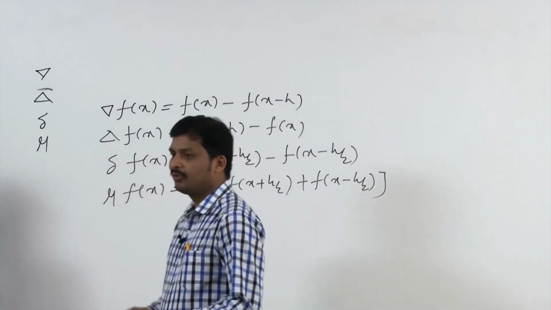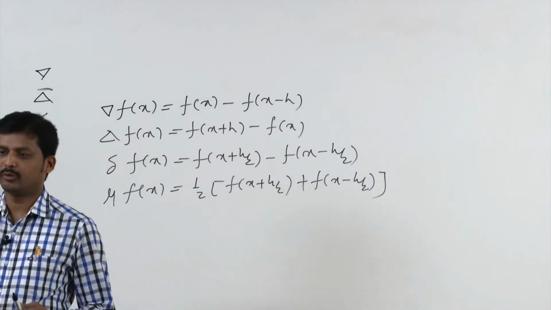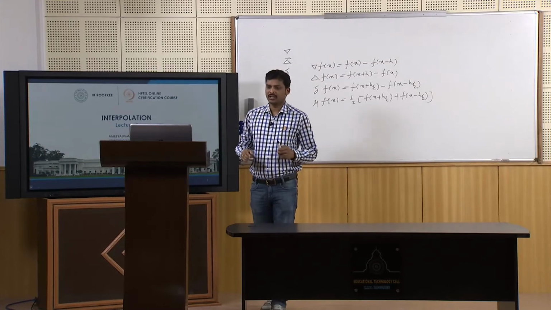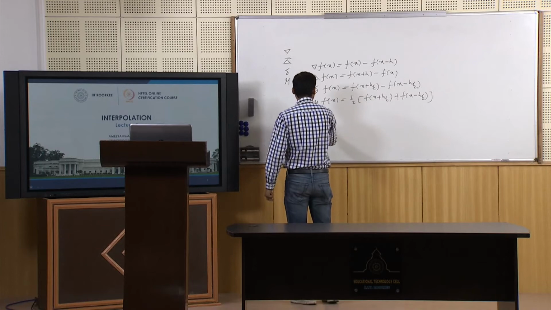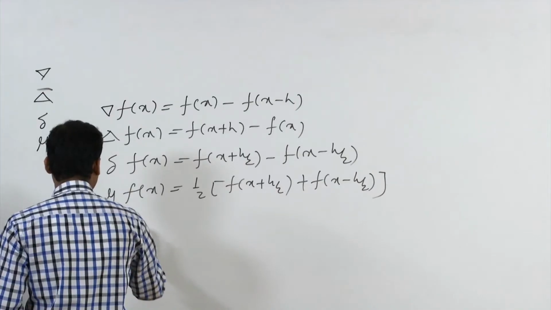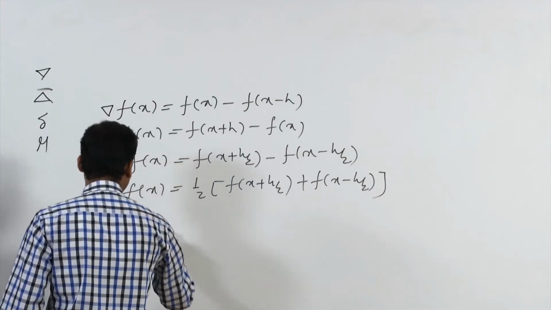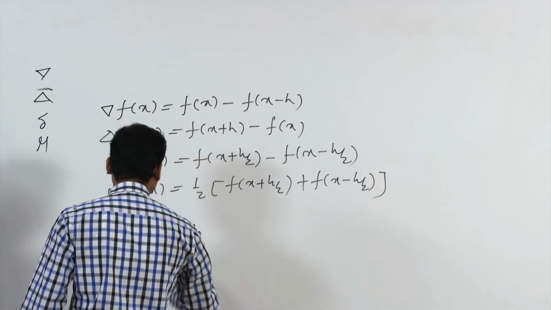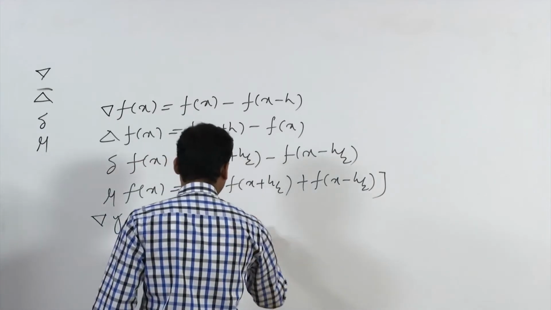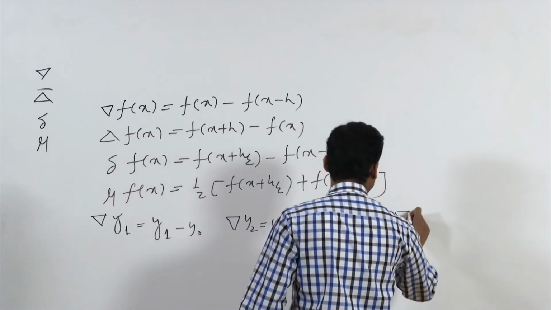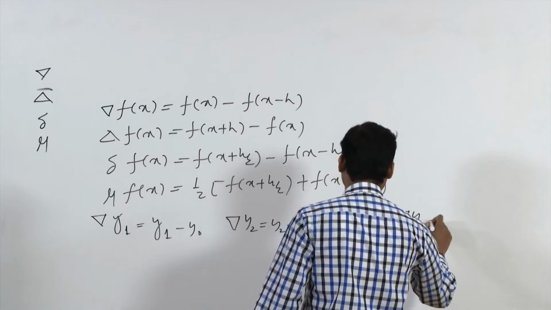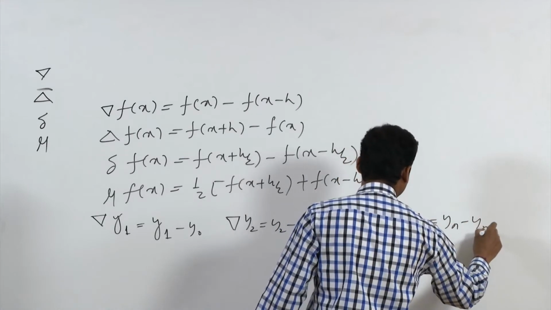Whenever we go for the application of these difference operators, we have to use the shift operator and the differential operator here. If we use these operators sequentially, Nabla of y1 can be written as y1 minus y0, Nabla of y2 as y2 minus y1, and likewise Nabla of yn as yn minus yn minus 1.